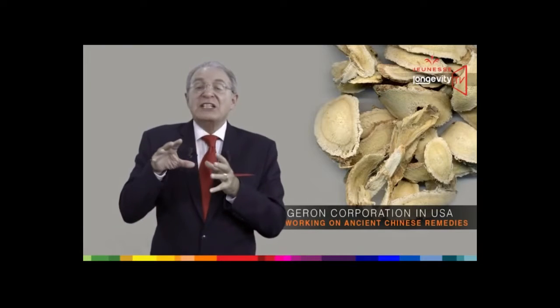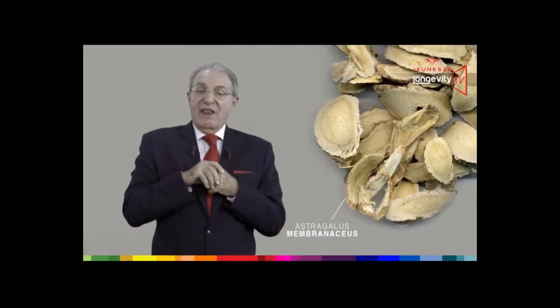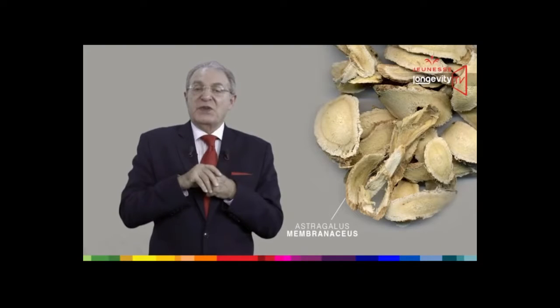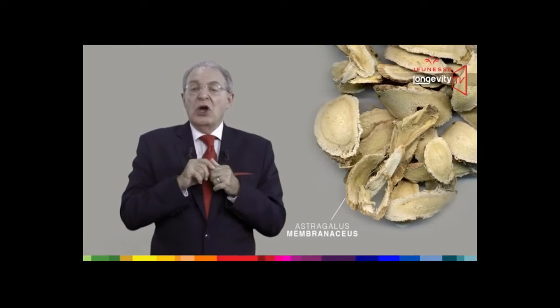One of them, the Geron Corporation in the US, while working on ancient Chinese remedies, discovered that in the root of one herb called Astragalus membranaceus, there was one specific ingredient capable of turning on the telomerase gene.